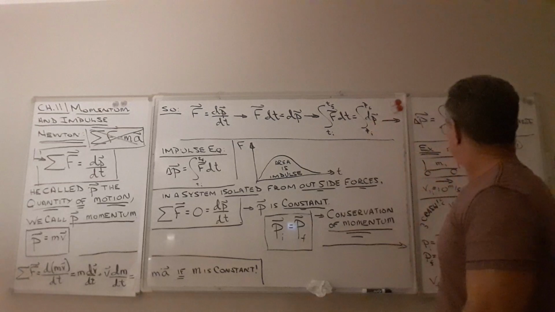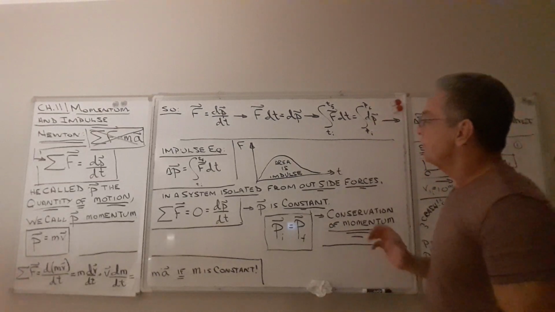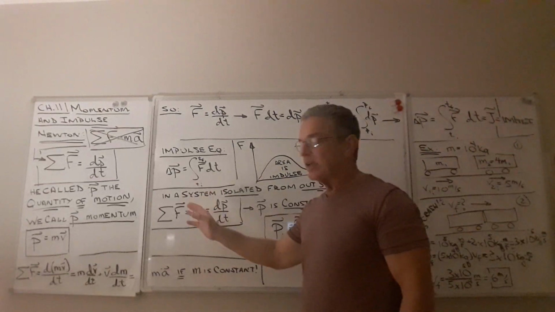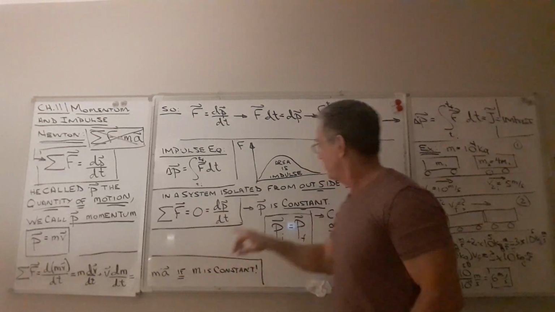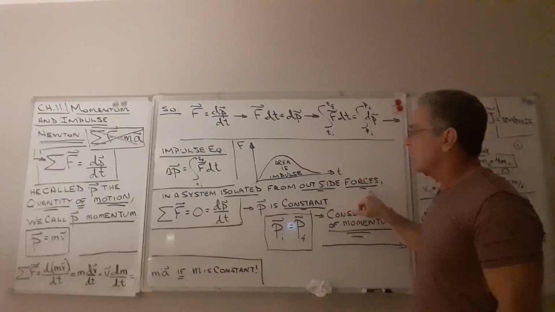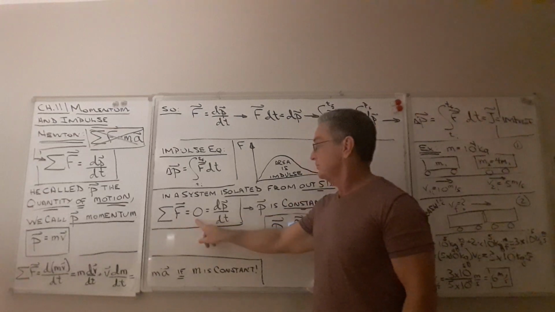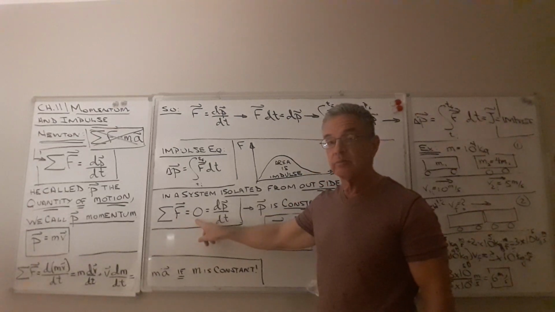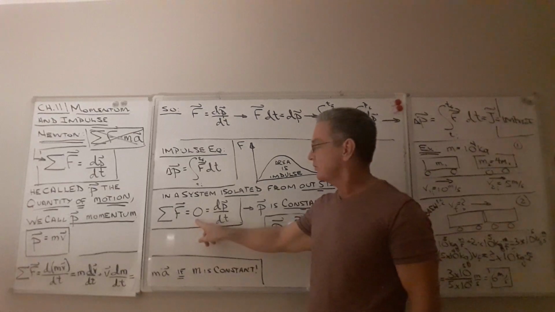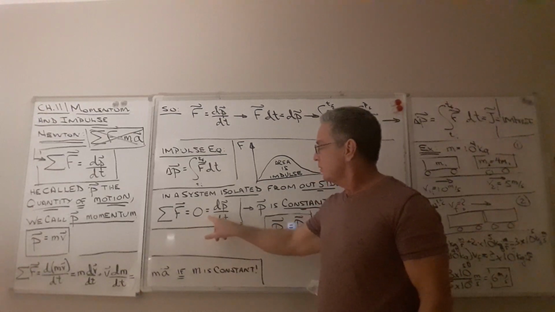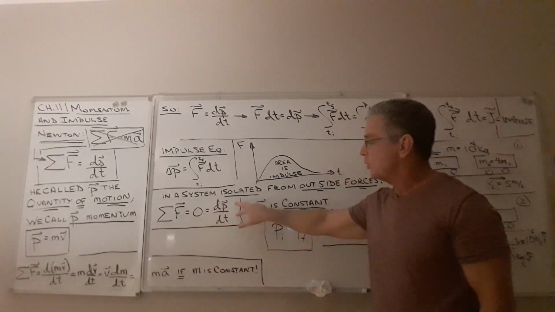Okay, so now if we take an isolated system where there's no outside forces acting on an object, then if we sum the forces acting on the object, they're equal to 0, right? If it's an isolated system with no outside forces. And that 0 is equal to the time rate of change of the momentum.